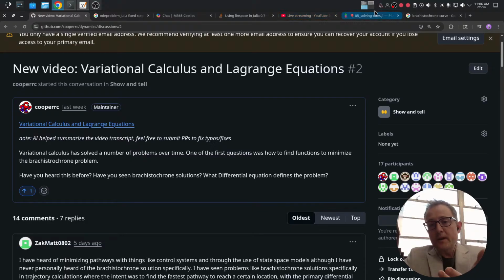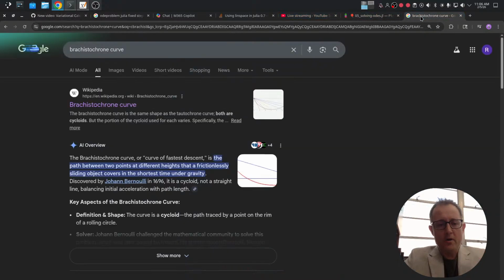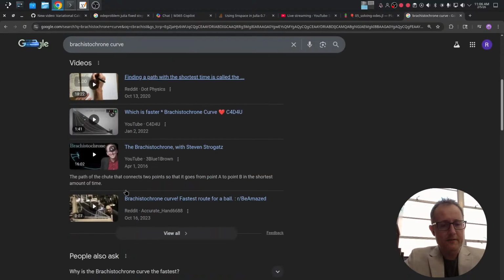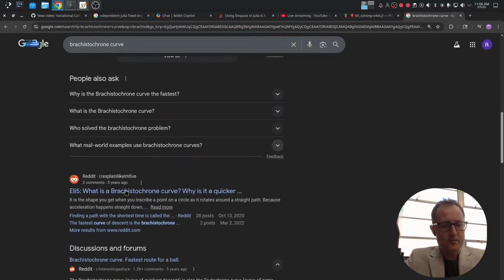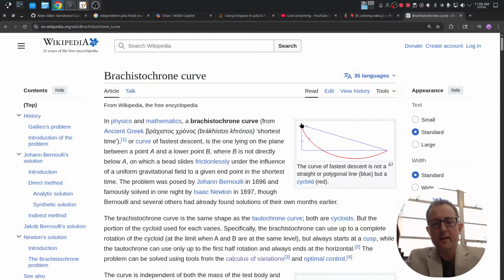So what I was doing in Julia was looking for a numerical solution, but part of the problem is it gets hard to find solutions when you have a slope that goes to infinity, kind of like this.